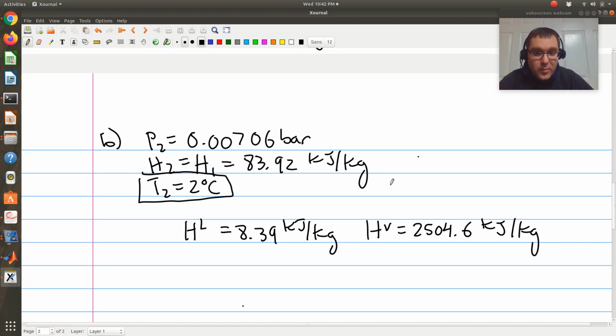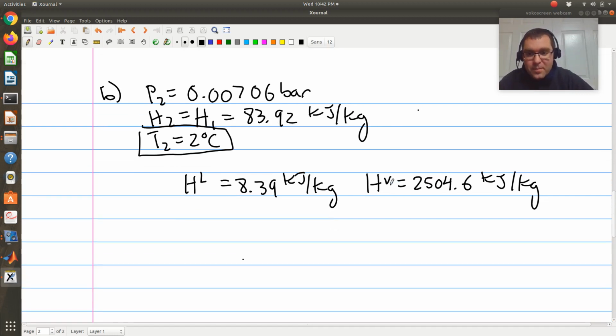And if we want, we could go ahead and compute the quality. Rather than derive the equation, it's probably beat into your head by now, but essentially we would have that H2 is equal to the fraction that's vapor, which we call the quality, Q, times HV plus 1 minus Q times HL.